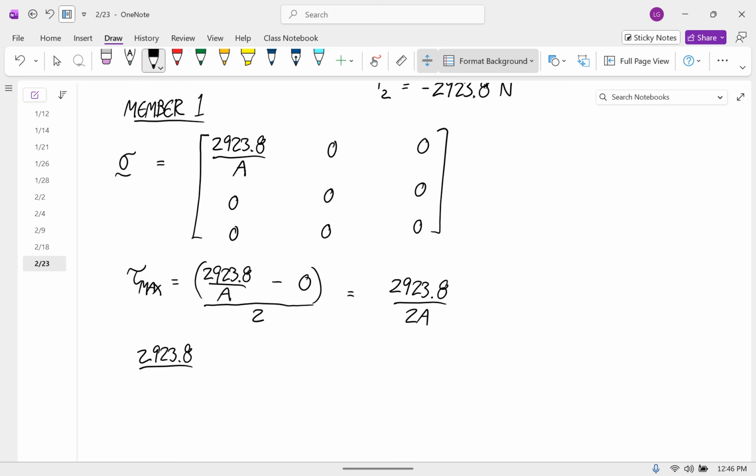So 2923.8 divided by 2A is equal to 1.0 times 10 to the 7. And so we have that A is equal to 2923.8 divided by 2 times 1 times 10 to the 7th.